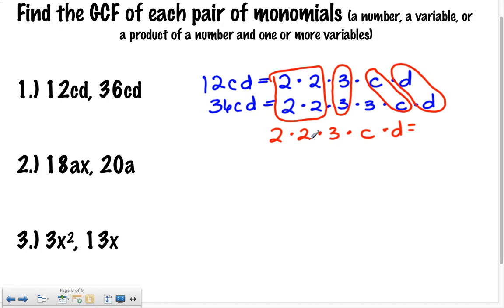So you have 2 times 2 is 4, times 3 is 12, times your C, times your D. So between 12CD and 36CD, 12CD is your greatest common factor, because 12CD occurs in both of the problems, both of the monomials.